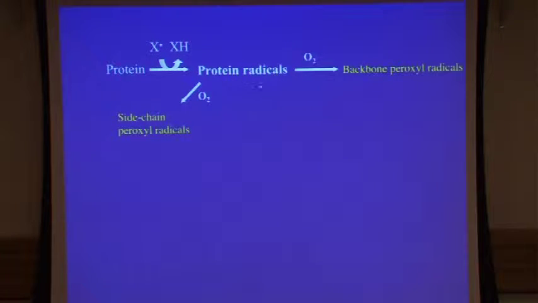Now you form protein radicals which evolve to peroxyl radicals, either peroxyl radicals in the backbone or peroxyl radicals in the side chain, depending on where the first radical was. You remember the slides, 2 slides before.